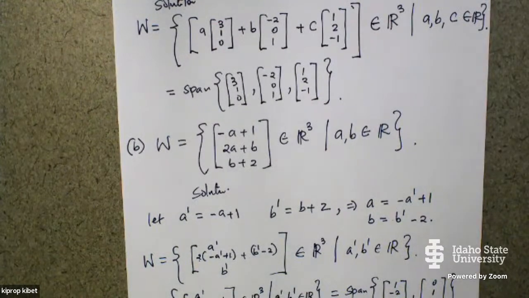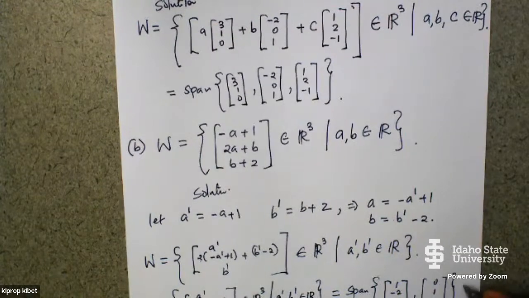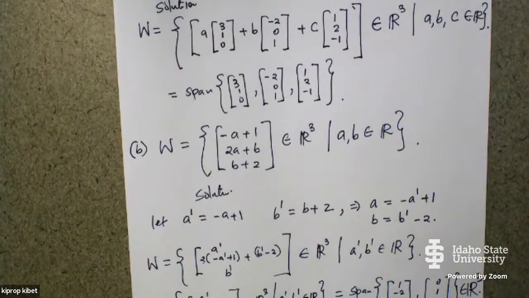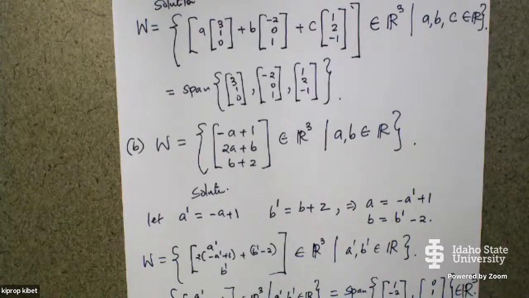So that shows that they have the entries there. So basically, this is our element of R.